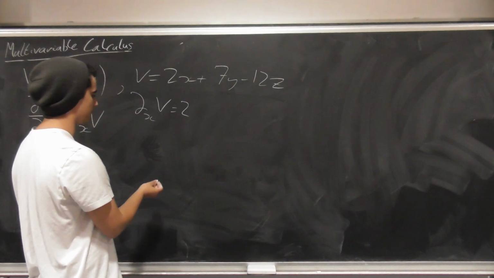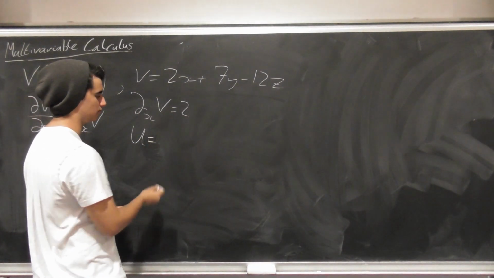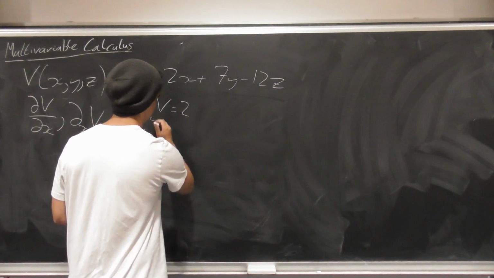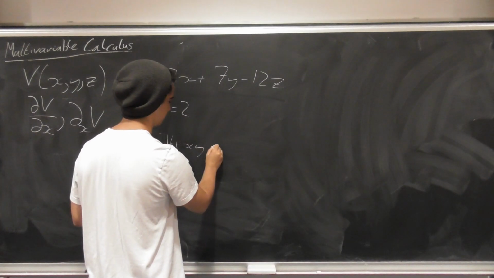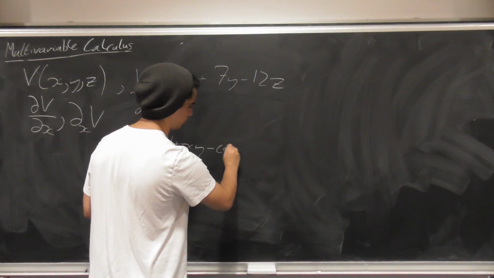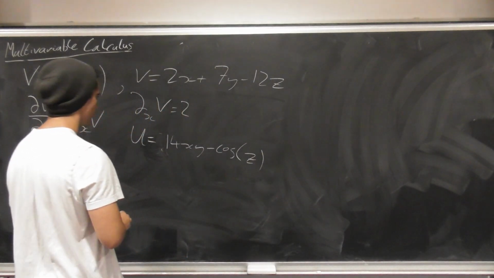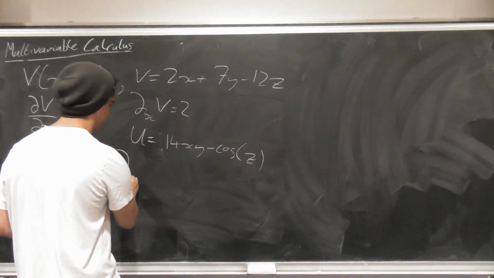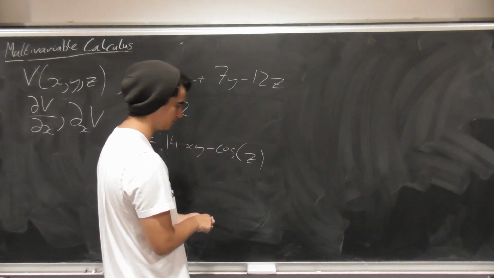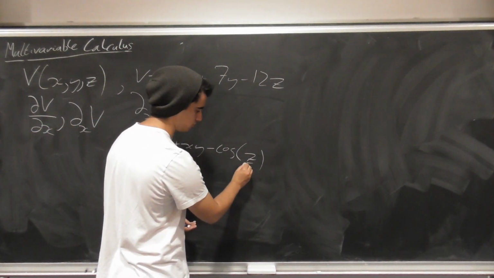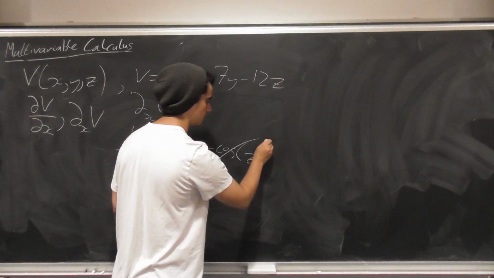Or if we have, say, a u function equal to, let's say, 14xy minus cos of z. If we again want to take the partial derivative with respect to x, we know that this part of the function has no reliance on x whatsoever, and so it goes to 0.